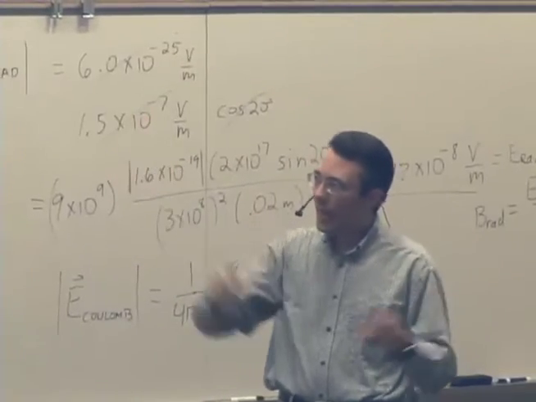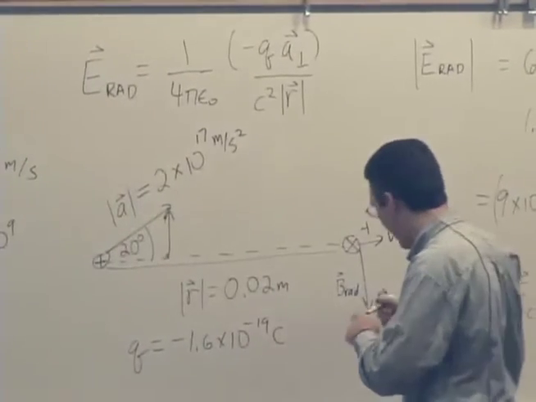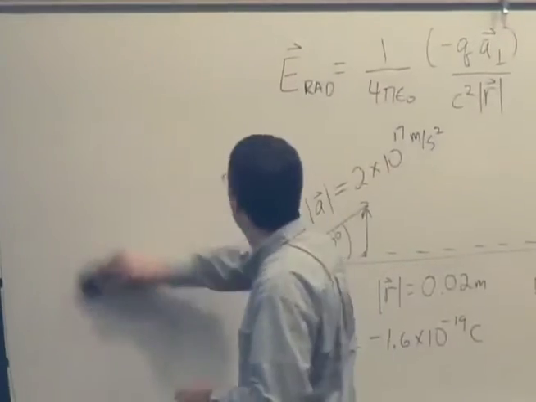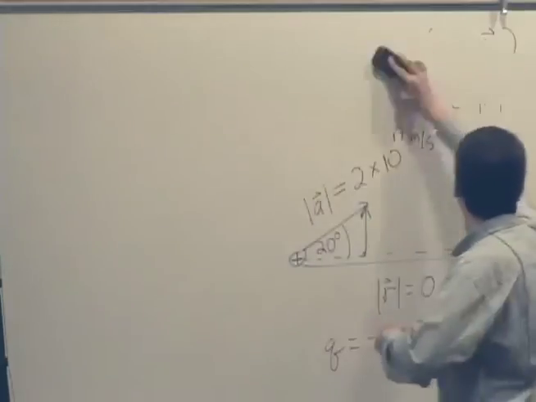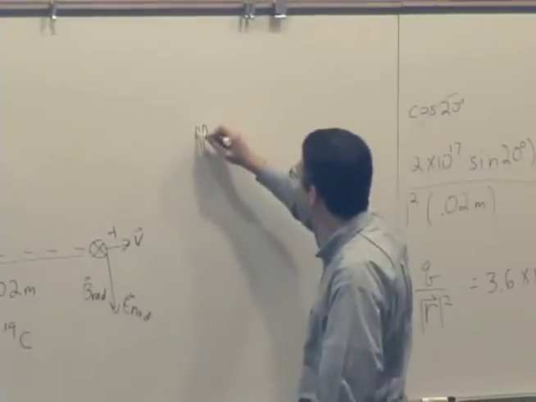Sinusoidal radiation means you have to have a sinusoidally oscillating charge, right? Because let's say you have some charge that's oscillating back and forth.